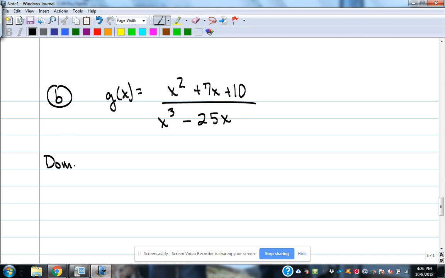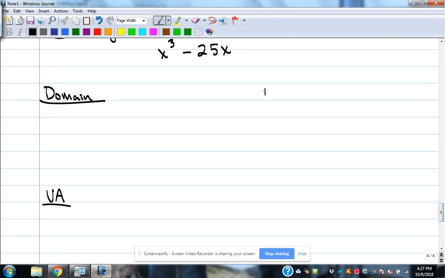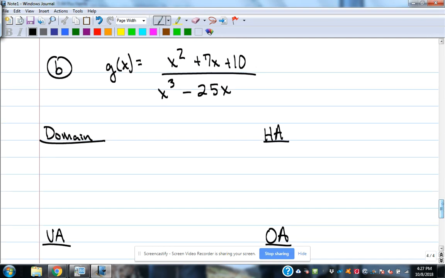We're going to find the domain, the vertical asymptotes, horizontal asymptotes, and the oblique asymptotes, if they exist. We know domain and vertical asymptotes are going to exist. Okay. So to get the domain, what do we do?